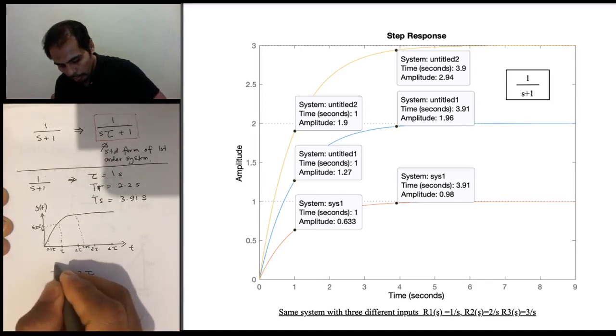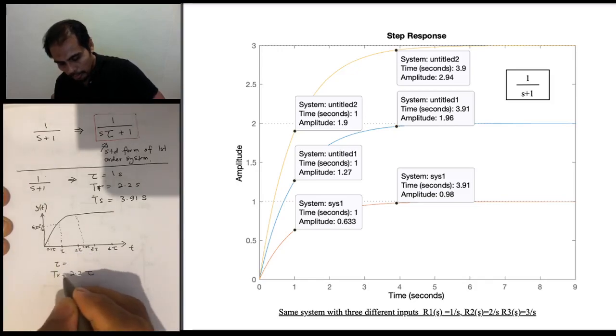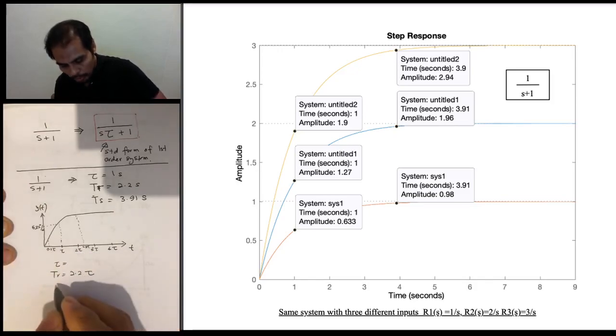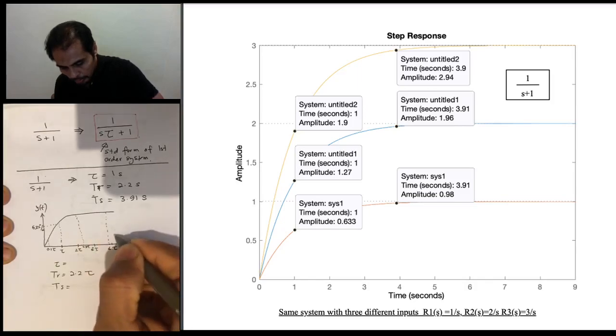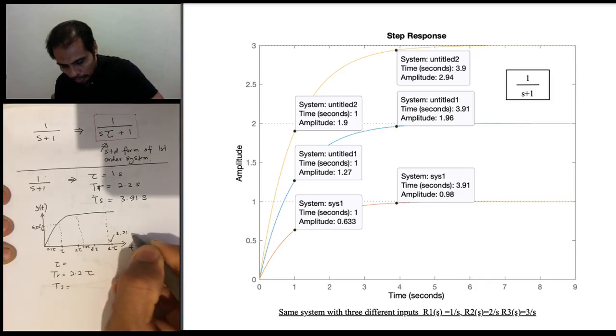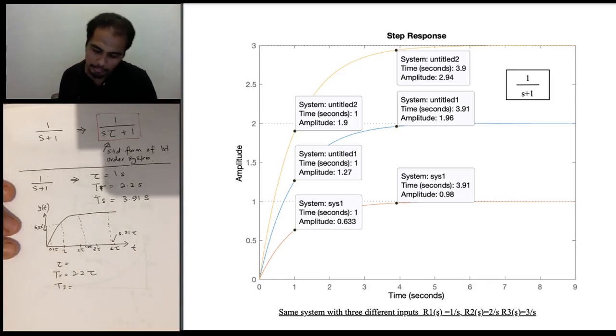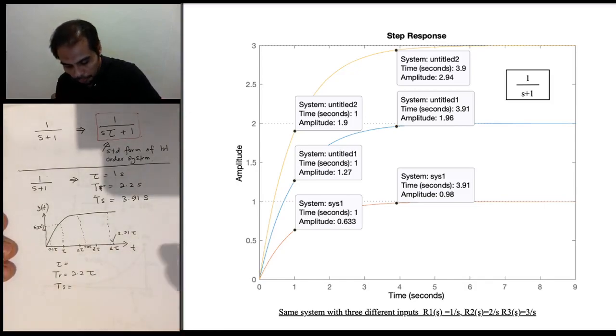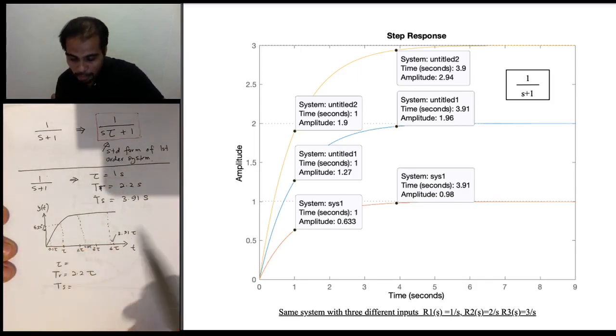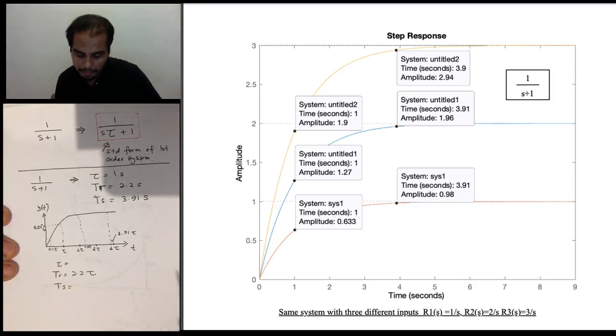So tr is 2.2 tau, and regardless of the transfer function, ts will be somewhere here, 3.91 tau. Settling time is when the response reaches above 98%, which we consider to be steady state.